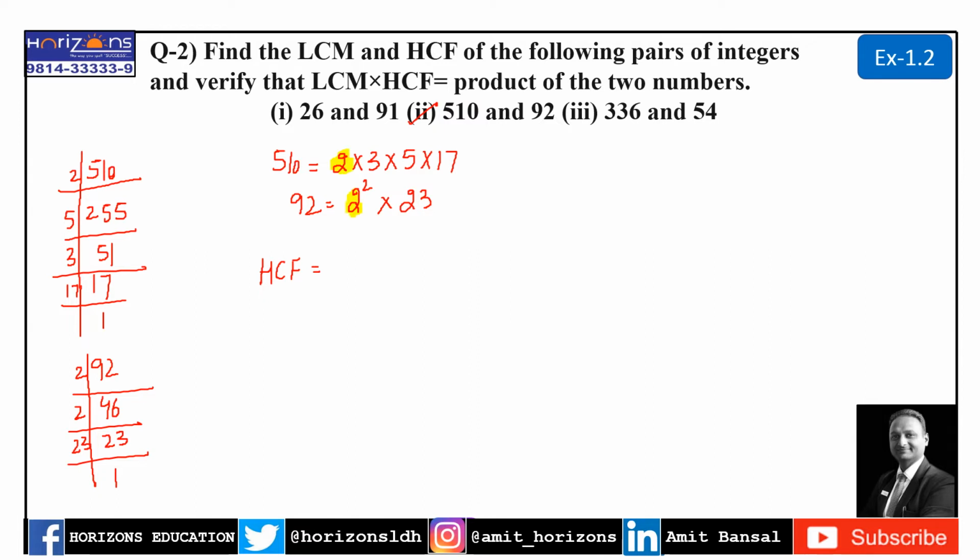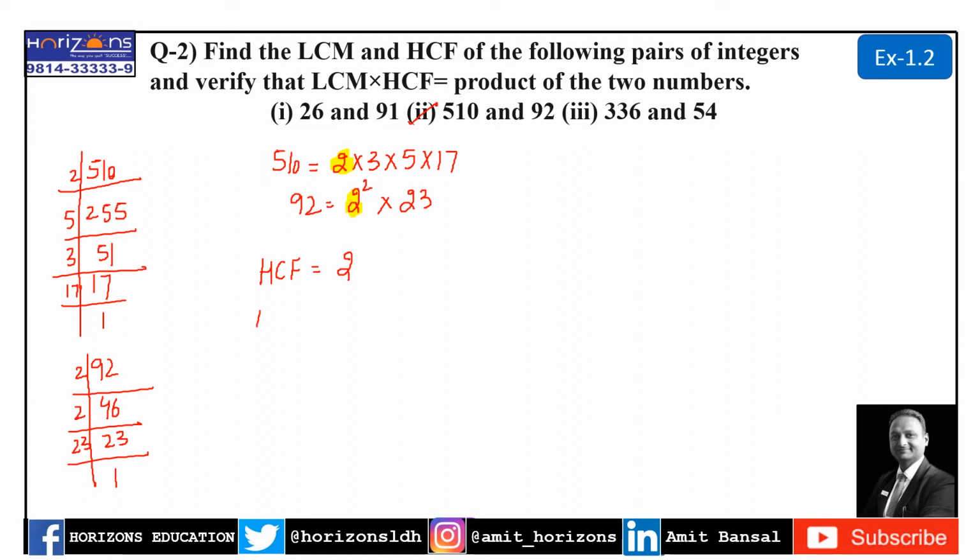But the difference is that in the first number there is only one 2, while in the second there is 2 square, and we will always take the smaller power. So the HCF of these two numbers is 2. Since we do not have any other common factor, the HCF of 510 and 92 is 2.